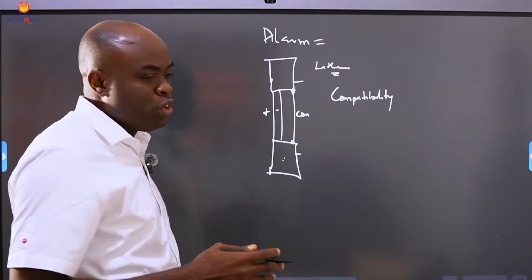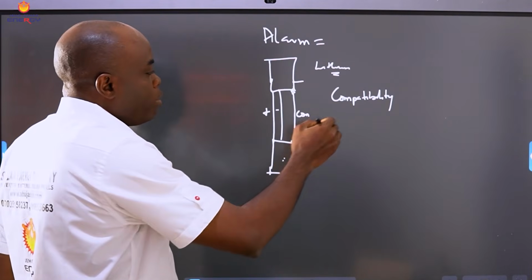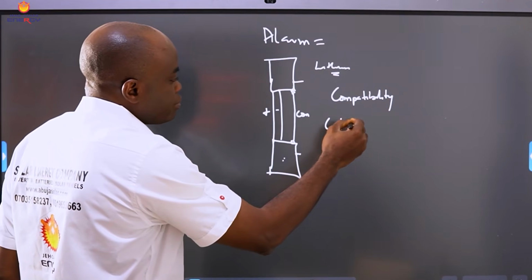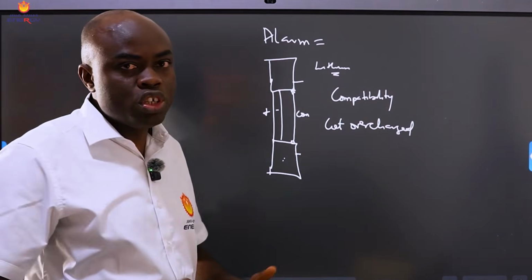Or you discover that your battery begins to get swollen up, because that is the most common thing that happens when your battery gets overcharged. When your battery gets overcharged, the cells begin to swell up.